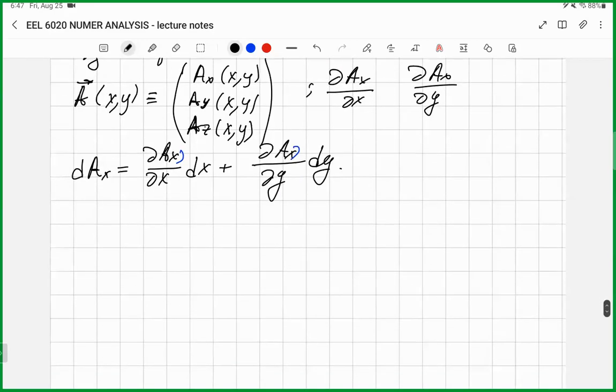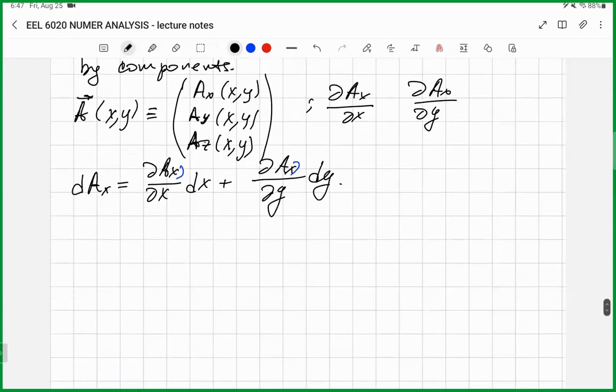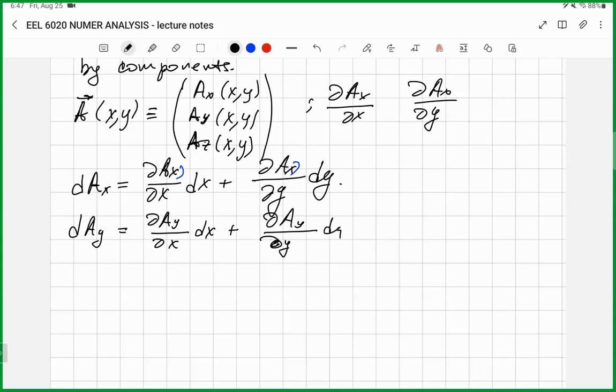But this is just for the first component. For the second component, we get the same: dAy over dx dx plus dAy over dy dy.